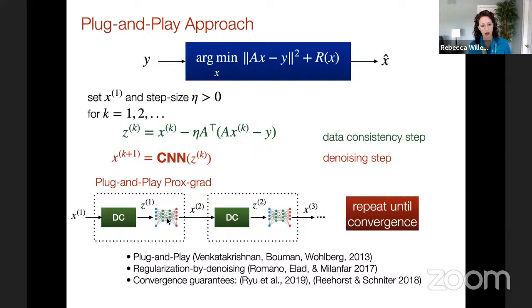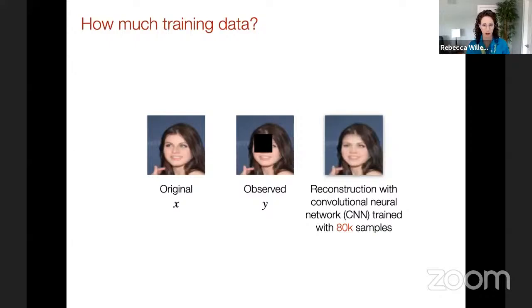Okay, so let's just look at a little anecdotal example of this in action. In this example, I've got the original image X and the observed Y, where there's a bunch of missing pixels that I want to be able to fill in. And if I were to train a denoiser using 80,000 training samples, then we see that we do reasonably well, right? We are able to figure out that we need to fill in a nose and an eye here.